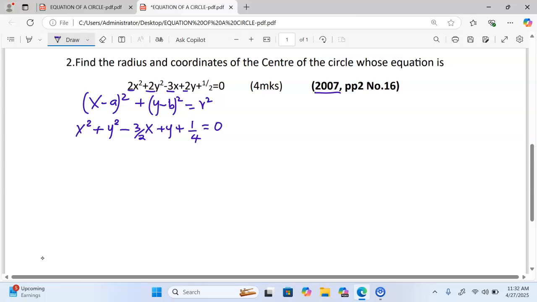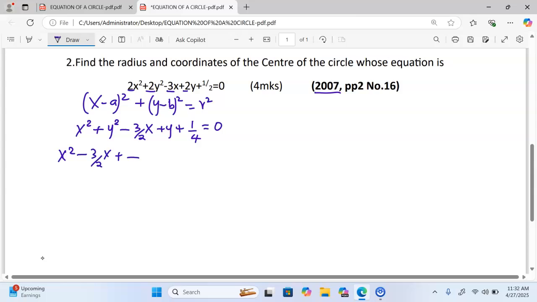From here now we regroup these equations so that we can form two quadratic parts. We are going to have x squared plus the linear term for the x squared, which is minus 3 over 2x.